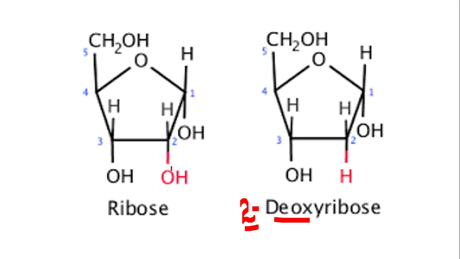And really that makes a lot of difference because when they are forming a nucleic acid, this OH group on carbon number 2 will be the only free OH group. All the other hydroxy groups are reacted with the other components of the nucleic acid.